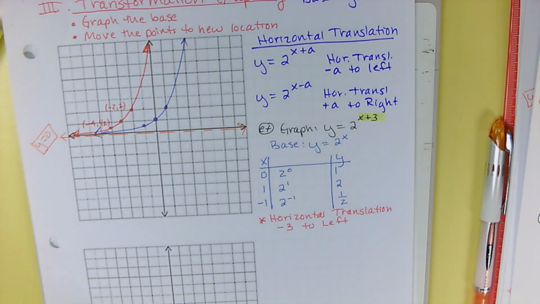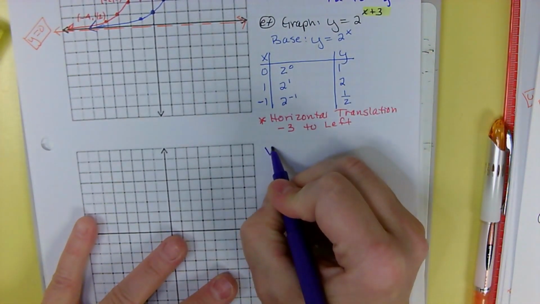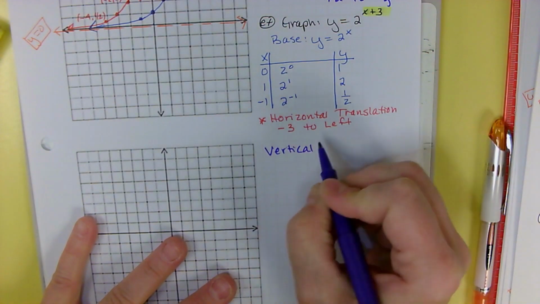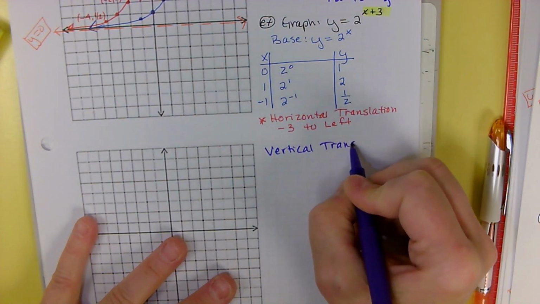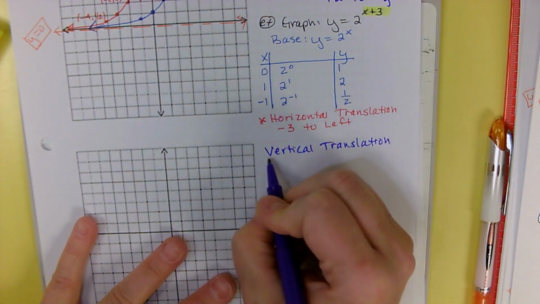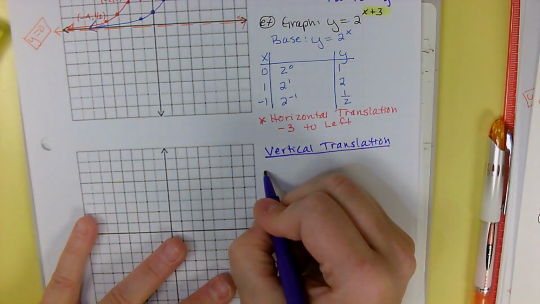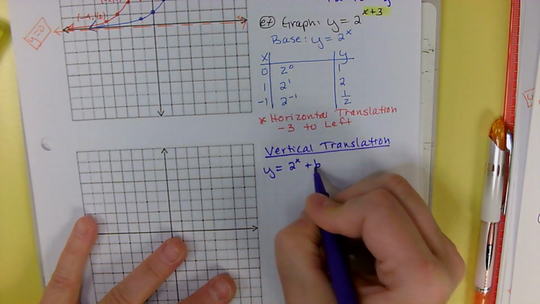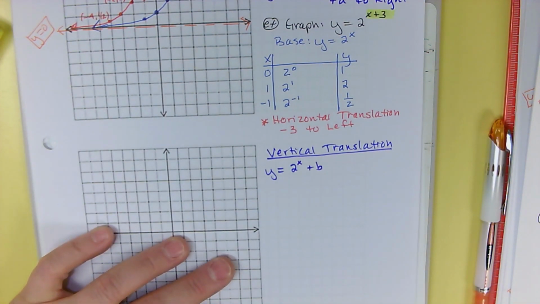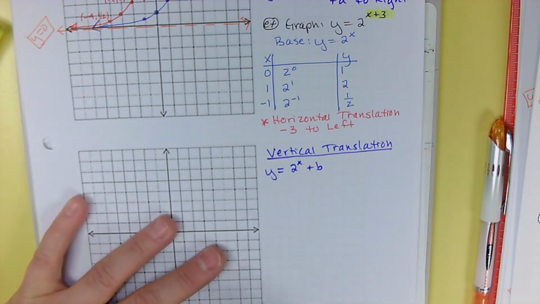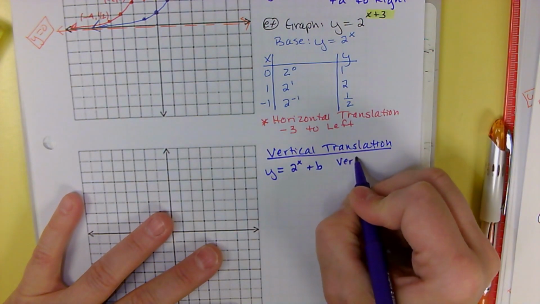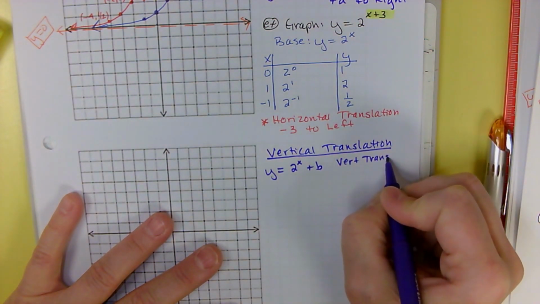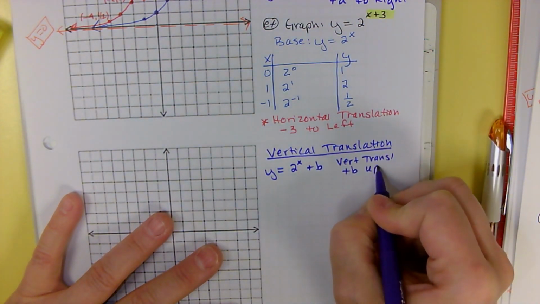All right, let's do vertical translation. We're going to use the same base graph. If you have y equals 2 to the x plus a number b that's not in the power, it's just plus b, that would be a vertical translation plus b up.